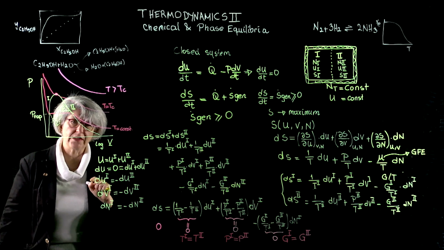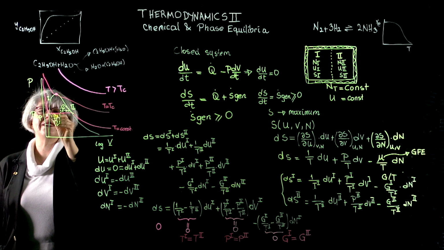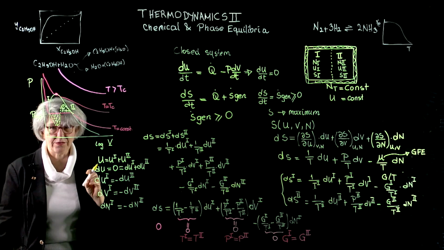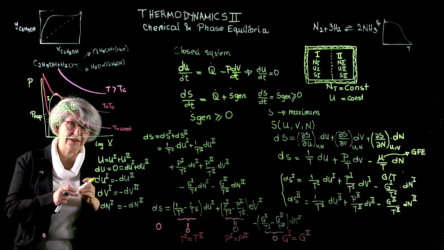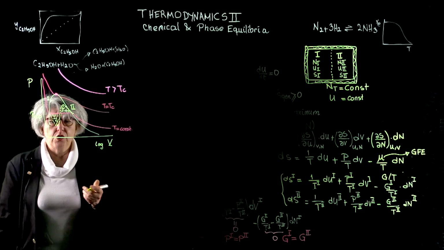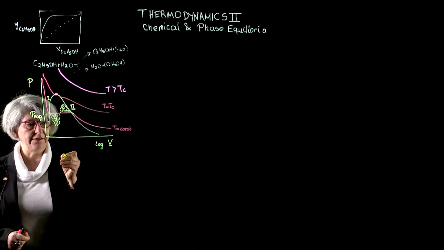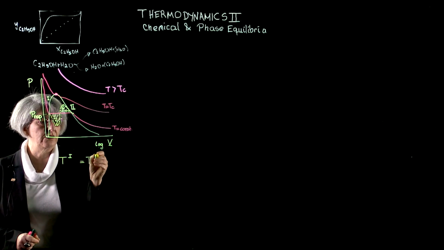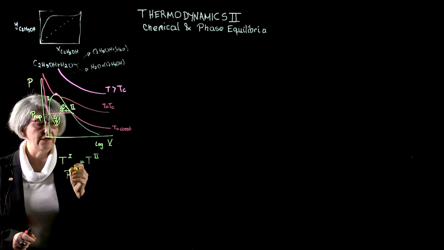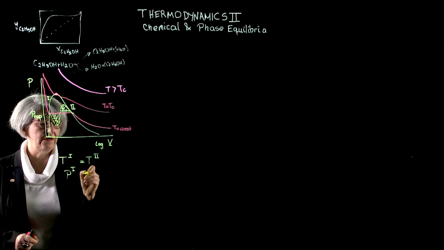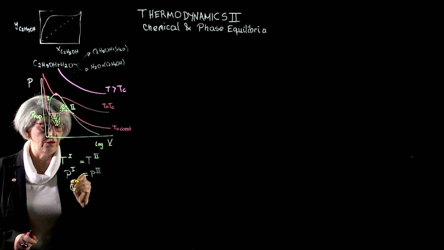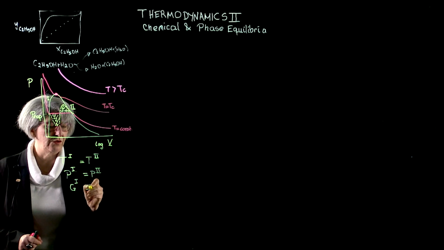Gibbs free energy equality requires that these areas are equal, and from this point on, we are going to put that in a mathematical context. So the equilibrium conditions that we have derived so far identify equalities of temperatures in those two phases, equalities of pressures in those two phases, and equalities of molar Gibbs free energies in those two phases.